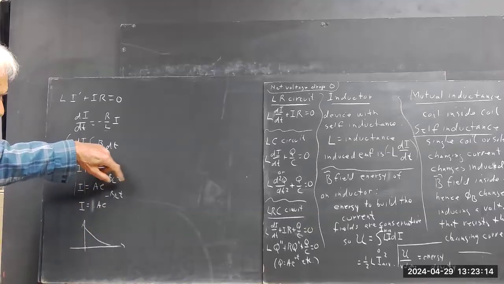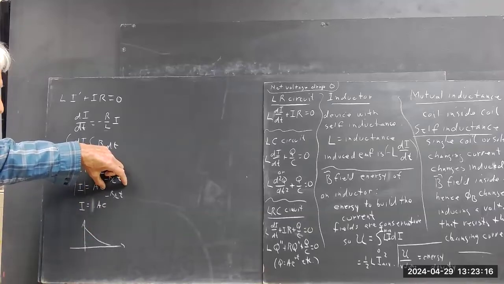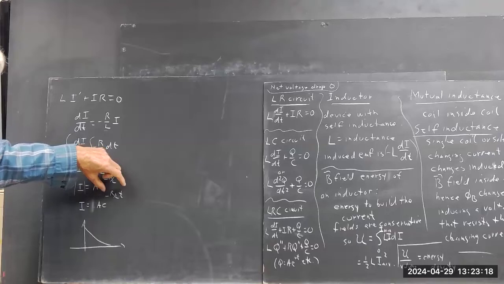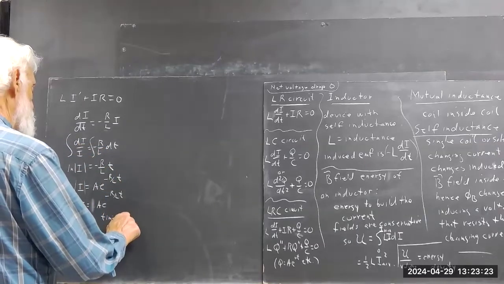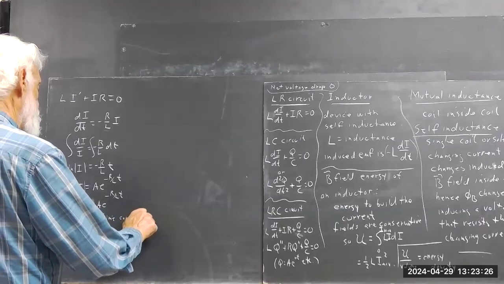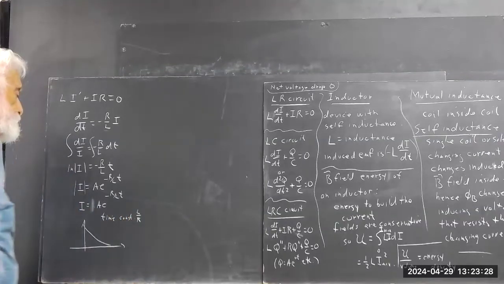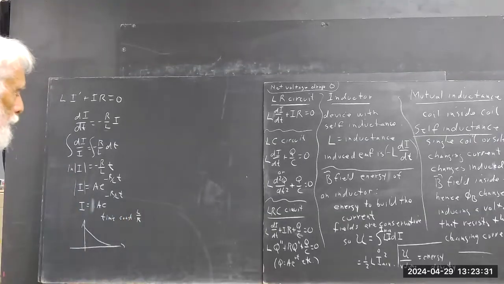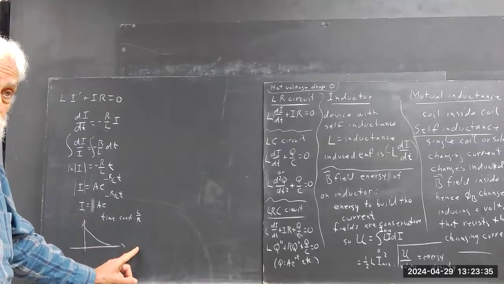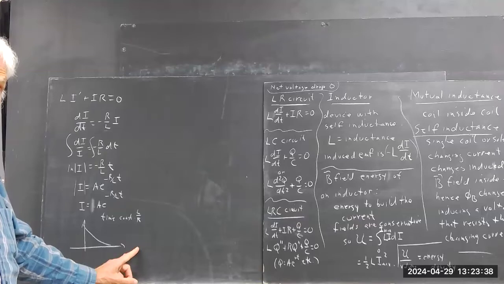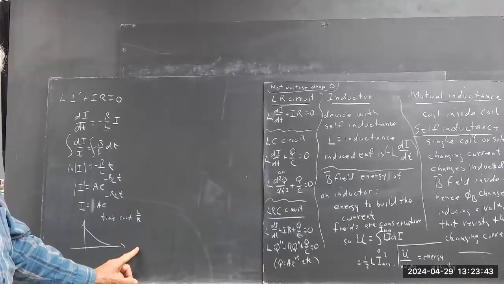In other words, the time it takes for this exponent to become -1, which is L over R. The reason we're going to have some trouble observing this, we've managed a couple of times in class to get a signal that we think is observing this. It's not easy. So we're going to have fun trying to set that up.